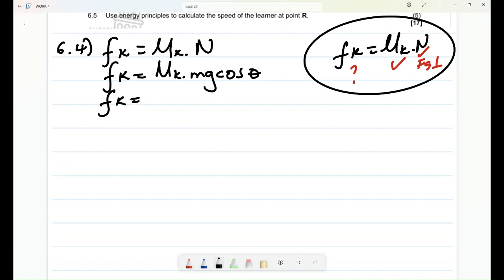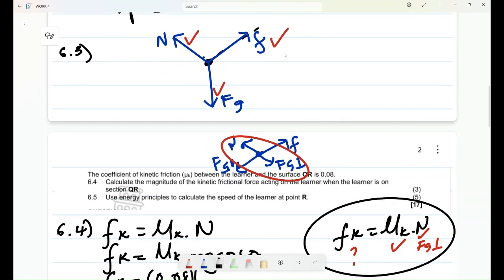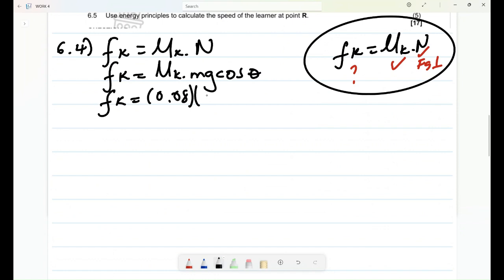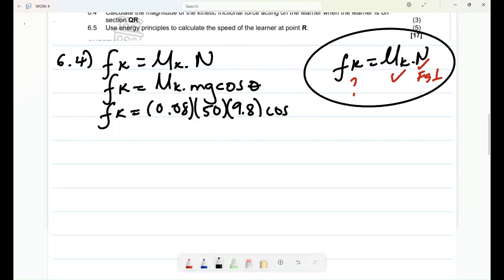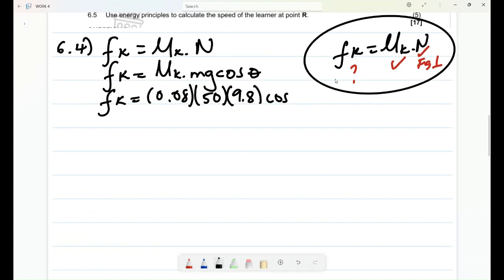Fk is equal to, what is μk? μk is 0.08. What is my mass? My mass in this case I was given as 50. Mass of the learner 50. Gravitational acceleration 9.8. Cosine of which angle am I talking about? This angle here, 30 degrees. All right? Yes. Cosine of 30 degrees.